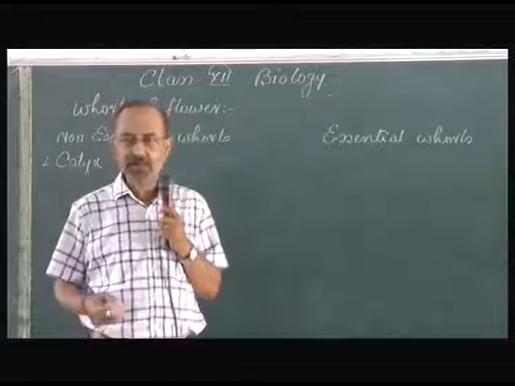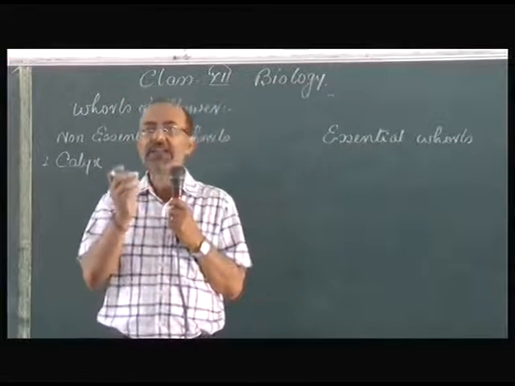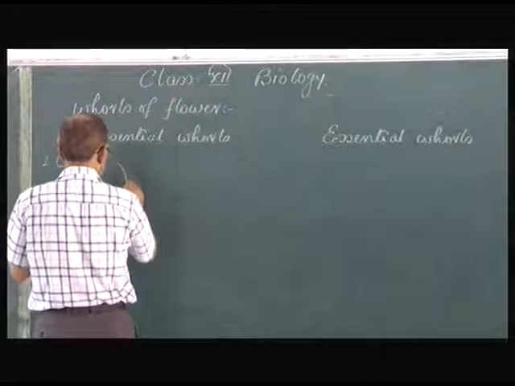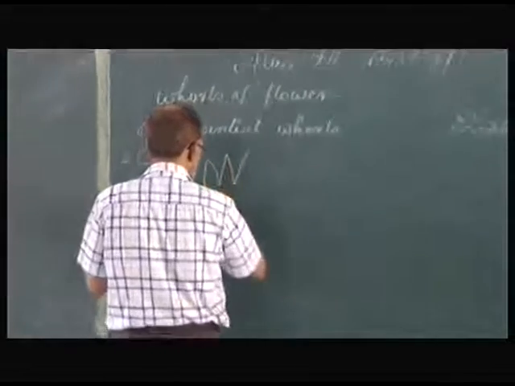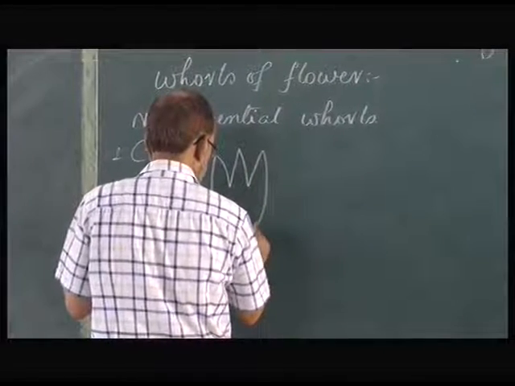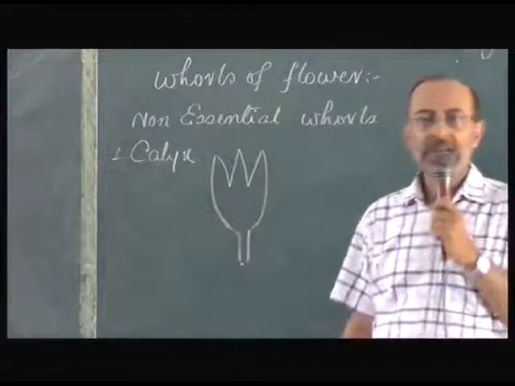So in a hibiscus flower, in the lowermost portion, you find a bell-shaped green structure. Clear? That is known as a calyx. This structure is known as calyx.